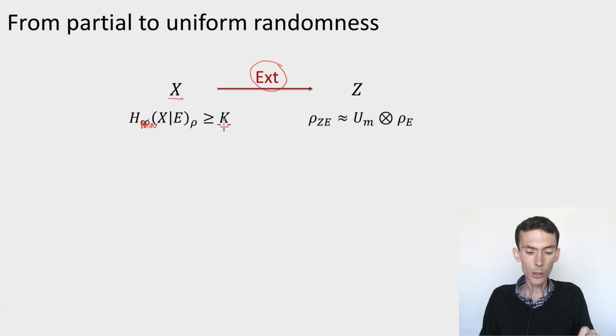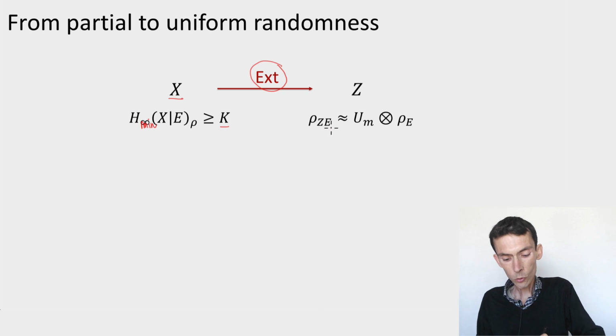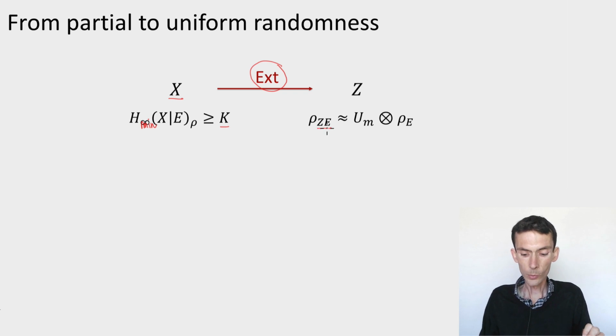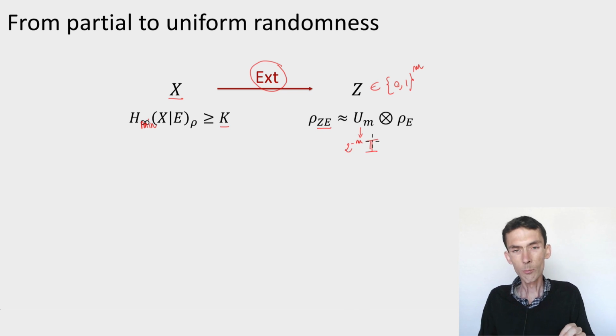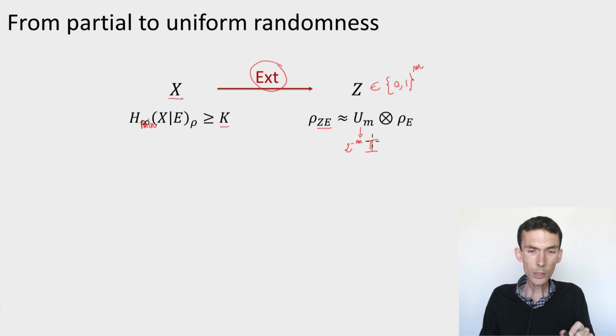So that's what's given about X, and our goal is that Ext produces a string Z, which is such that the joint distribution of Z and the side information E is uniform on Z. So Z will be an m-bit string, and this is the uniform distribution, shorthand for the totally mixed state on m bits, tensored with the side information E.